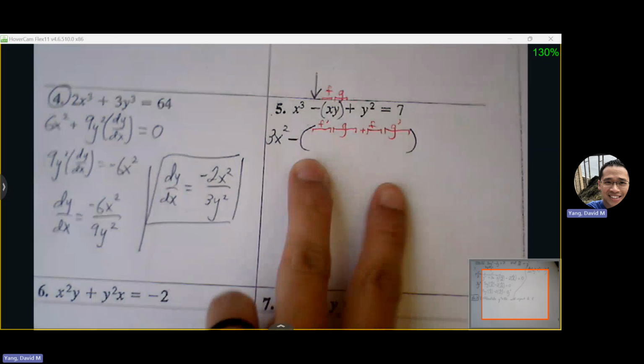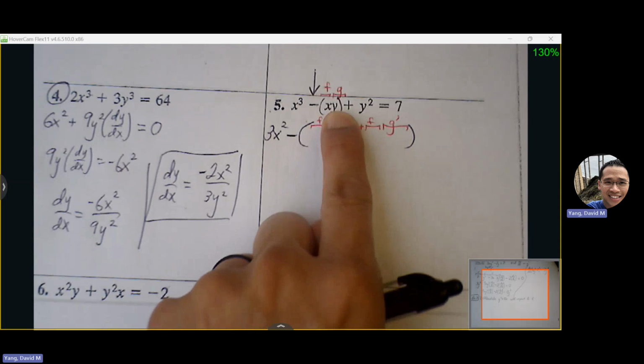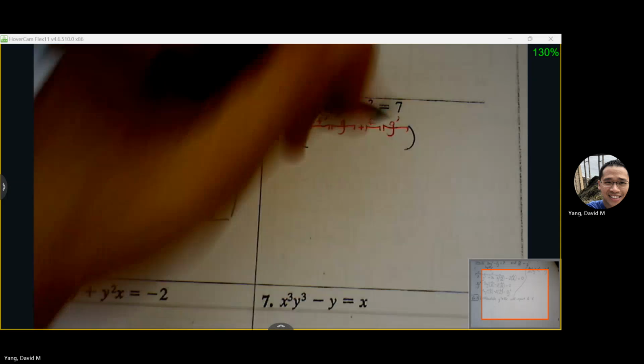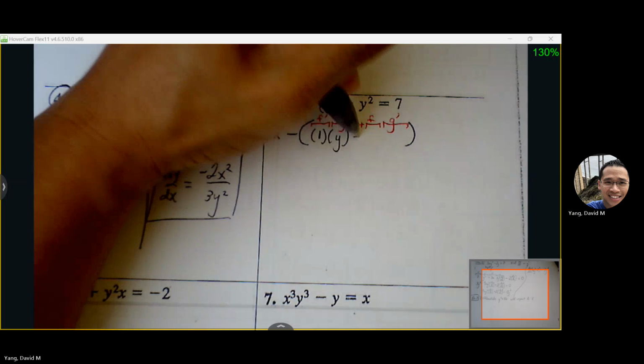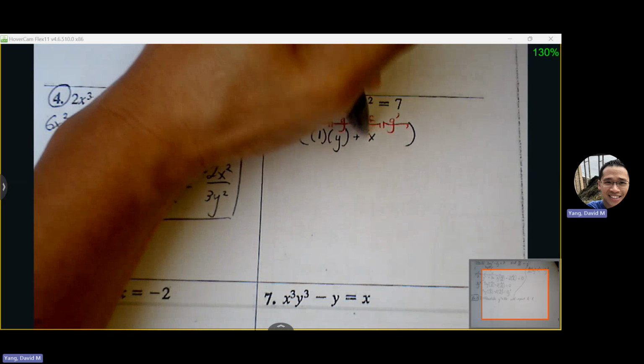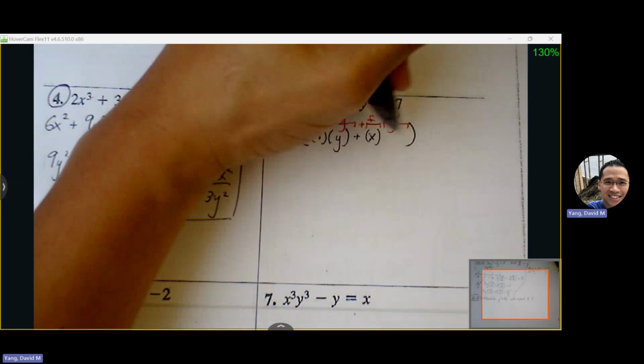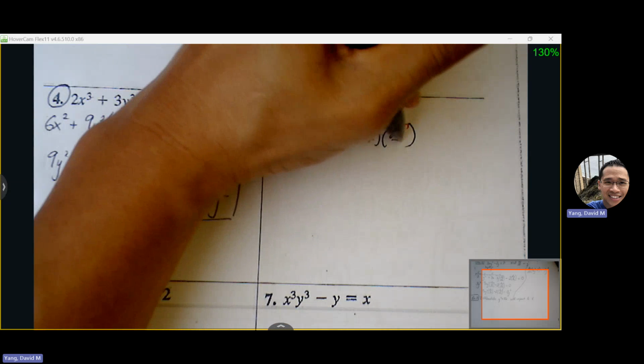All right, so this whole space is just to take care of that xy. Okay, f prime times g plus f g prime. Okay, y's derivative is 1 dy dx.